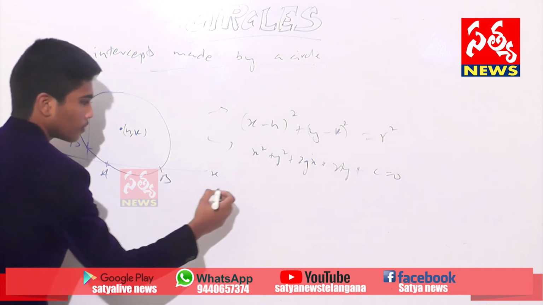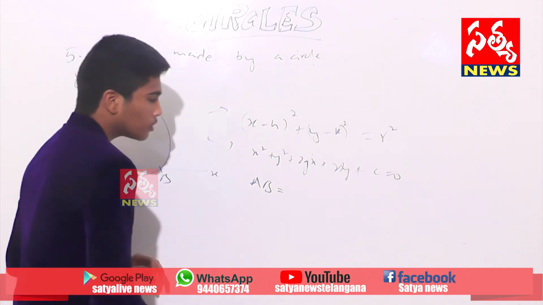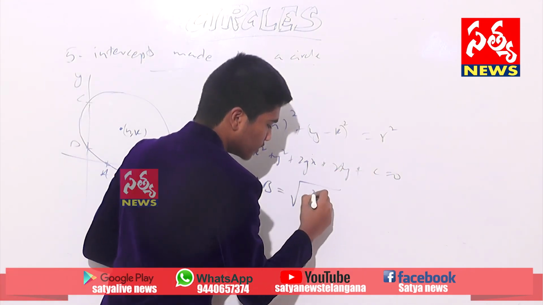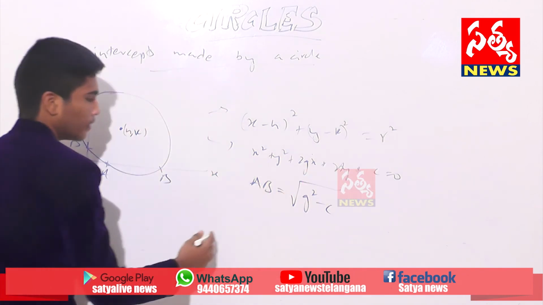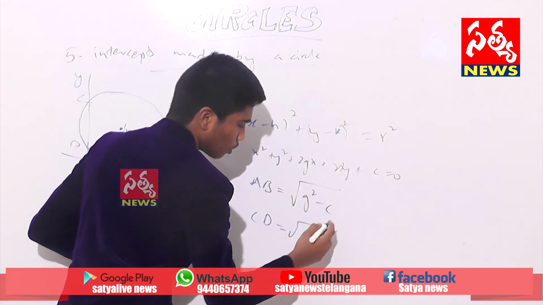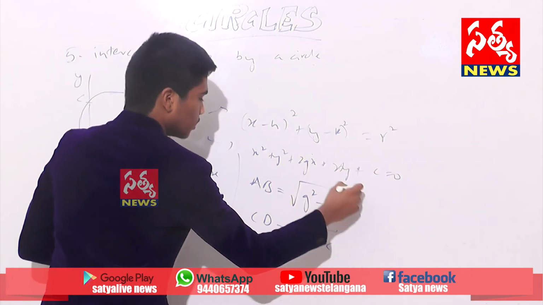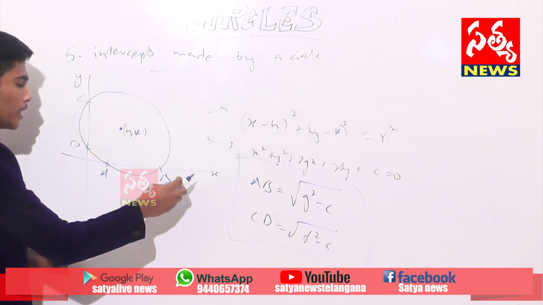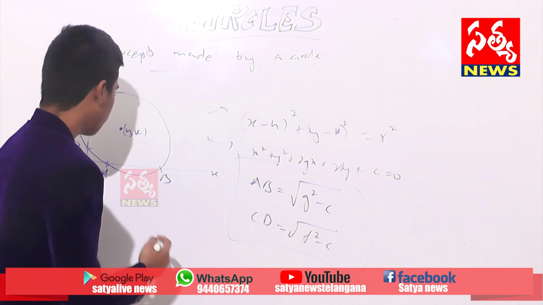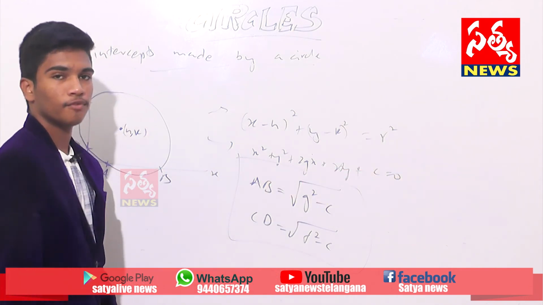Now, the length of AB is root of g square minus c and the length of CD is root of f square minus c. This is the intercept of a circle made by its coordinate axis.